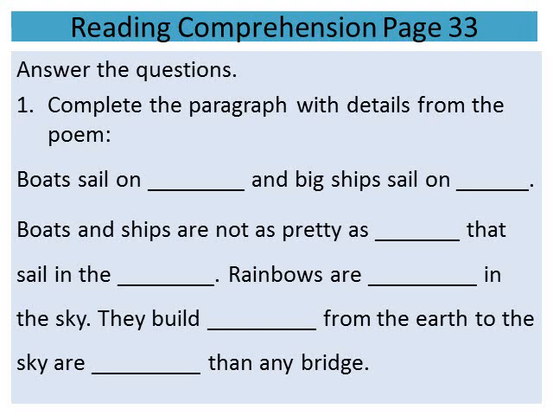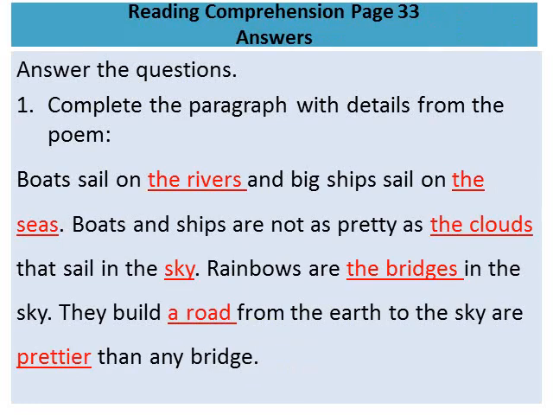I hope you have tried to find out the answer. Let us check your answers. Children, please check your answers. Boats sail on the rivers and big ships sail on the seas. Boats and ships are not as pretty as the clouds that sail in the sky.